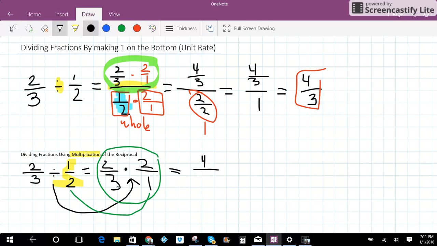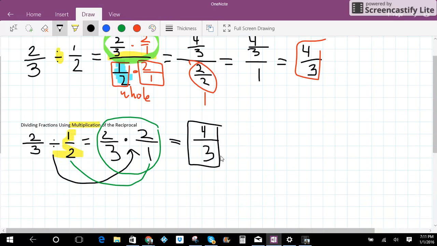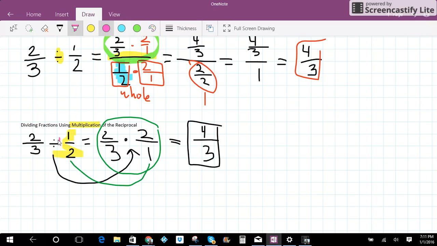And on the bottom we have 3 times 1, which is 3. As you can see, this is way less work, but it does require us to memorize that division has to be changed to multiplication, and then 1/2, or the second number, needs to be switched to 2/1. And that gives us the same result.